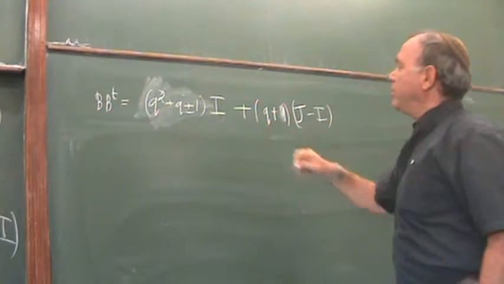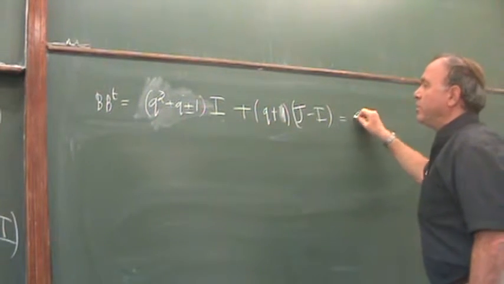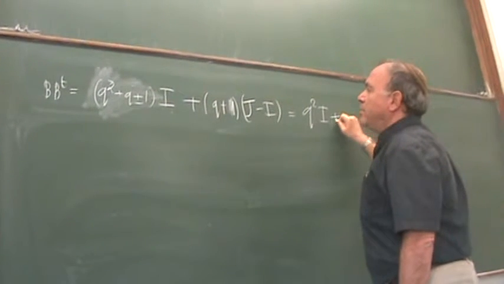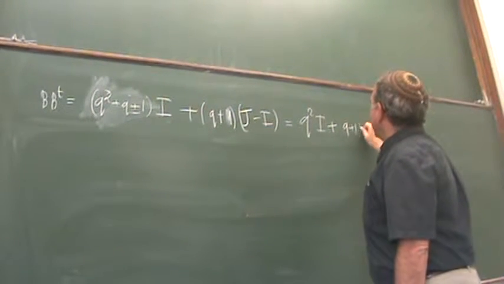So we take the J minus I there, so we are getting Q squared I plus (Q plus 1)J.